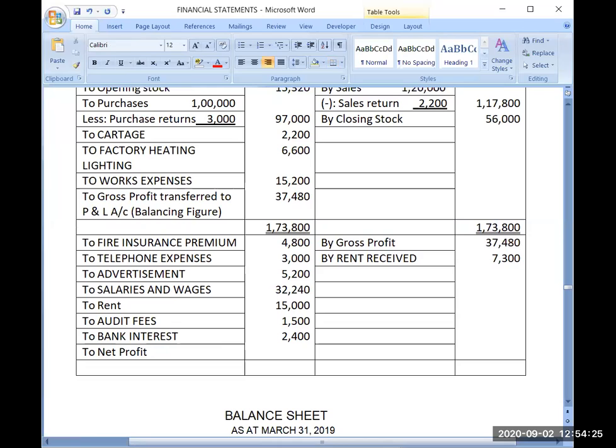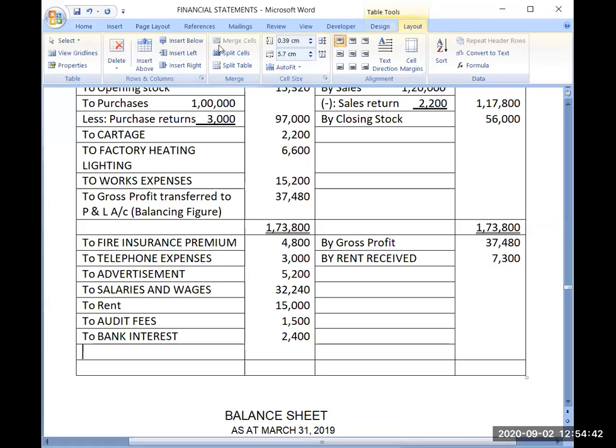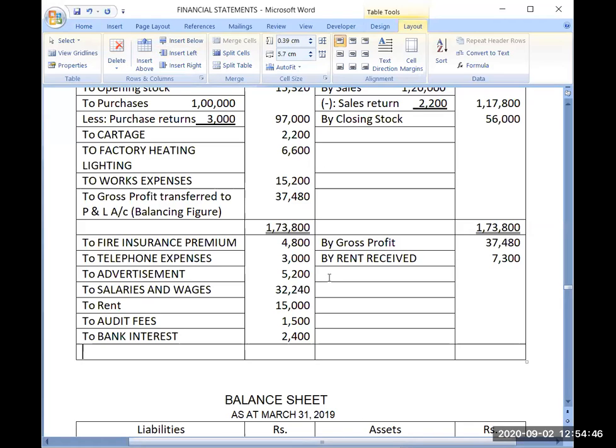Now tell me which side total is greater, debit side or credit side? Yes, very good. Debit side total is greater, so that's why this time my expenses are more than my incomes. So that's why I will be having loss here. So that will come by net loss.